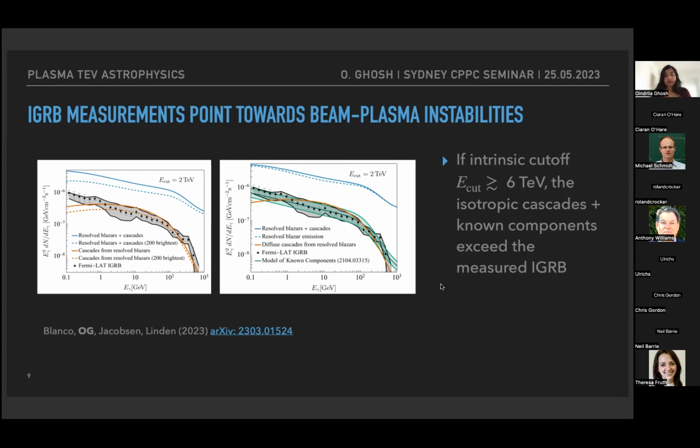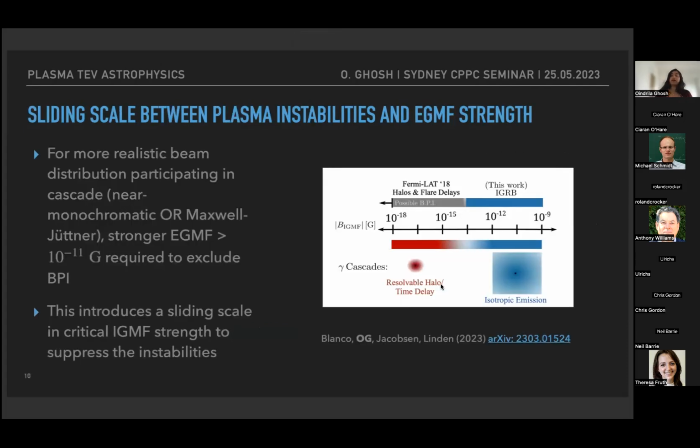So this in turn places a limit on how important instabilities could be versus how important the role of the intergalactic magnetic field could be. So this introduces rather a sliding scale.